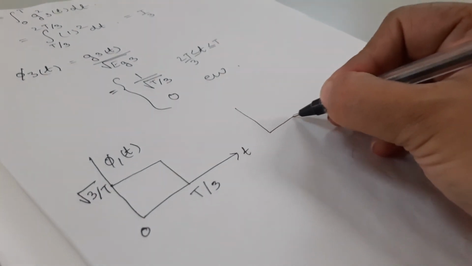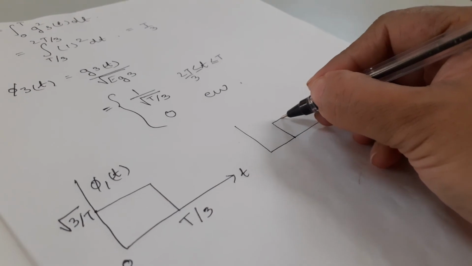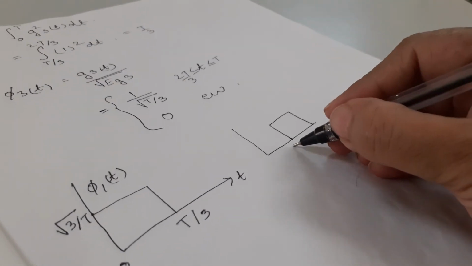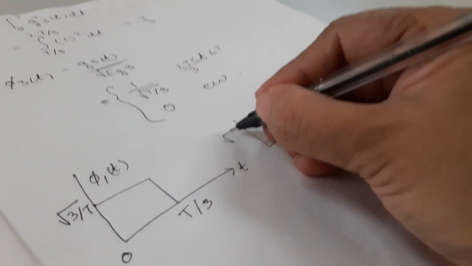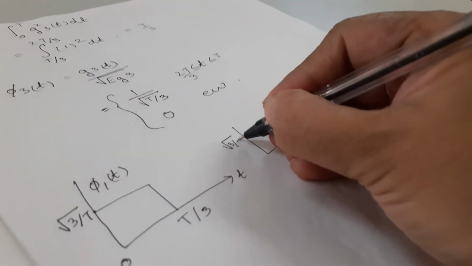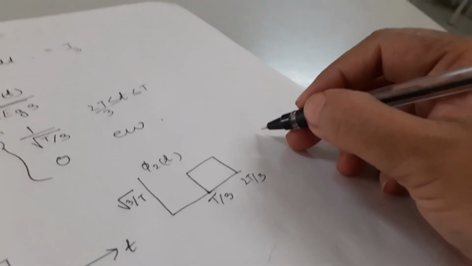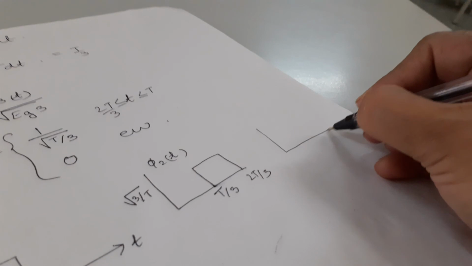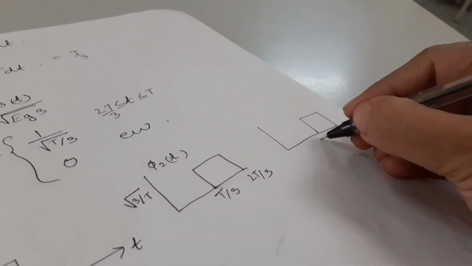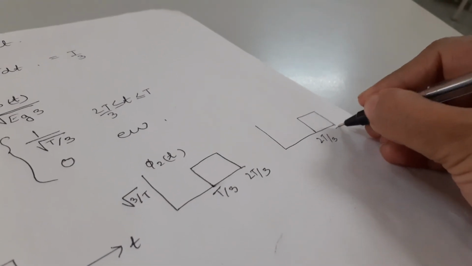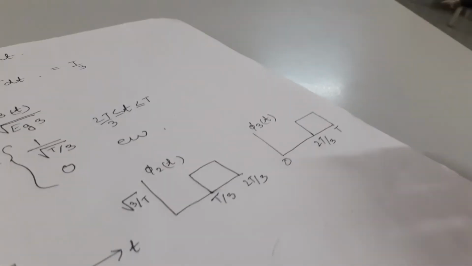Then we have phi 2 of t from T by 3 to 2T by 3. The value is root 3 by T. Finally, phi 3 of t is from 2T by 3 to T. So this is phi 3 of t. This is the answer.